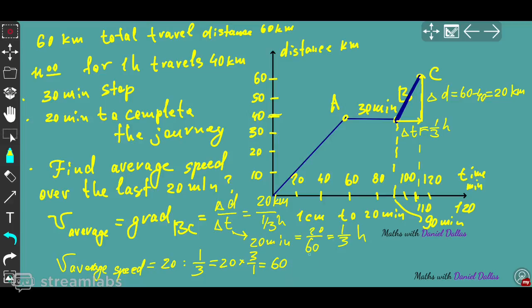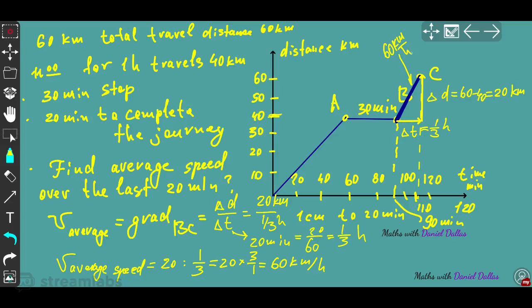So that's why you'll get 60. Yeah. So that's why average speed, according to the gradient of this line segment, is going to be 60 kilometers per hour. So on distance versus time graph, the gradient always tells you about their speed, average speed.